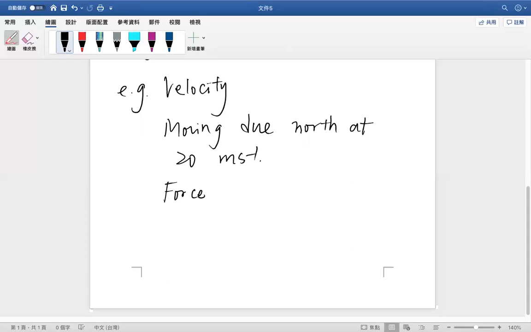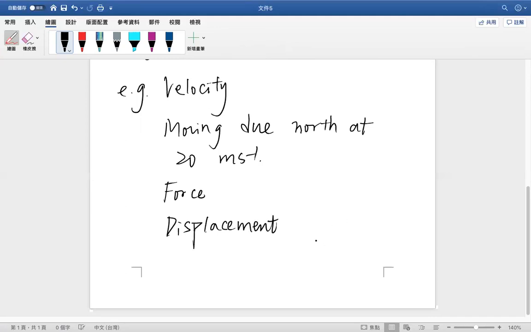For example, if you're pulling an object to the north, probably it's going to the north, and if you're pulling your object to the south, it's probably going to the south. So a force can be described by a vector, and also, for example, displacement. Displacement can also be a vector.